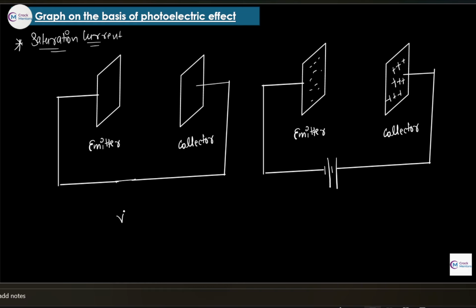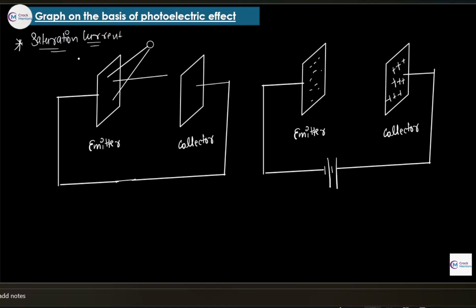And what was happening right here? When the light was emitted from the source, there were some electrons which come out from the surface.